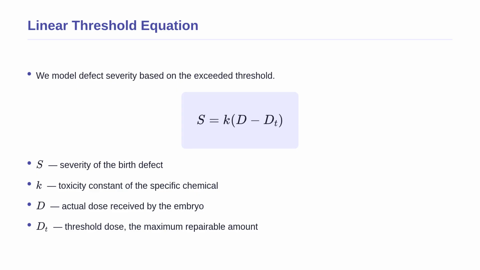The term inside the parentheses represents the excess toxic dose. The variable K is a constant representing the specific toxicity of the chemical. It acts as an amplifier for the damage. If the actual dose is less than or equal to the threshold, the severity is 0, meaning the baby develops perfectly normally.